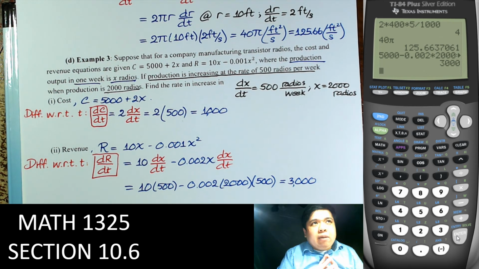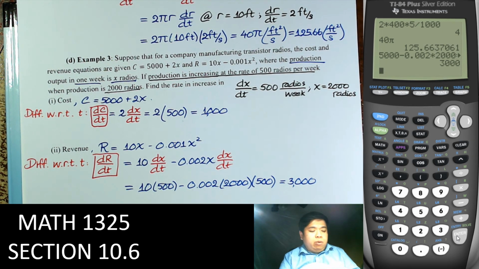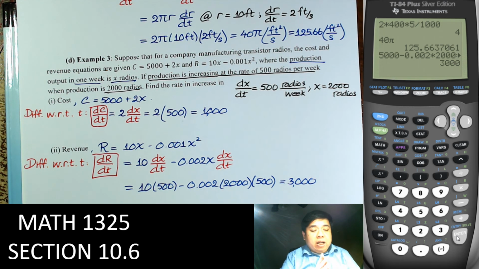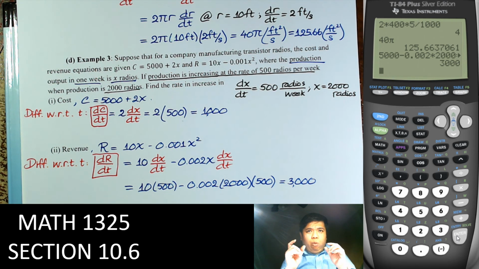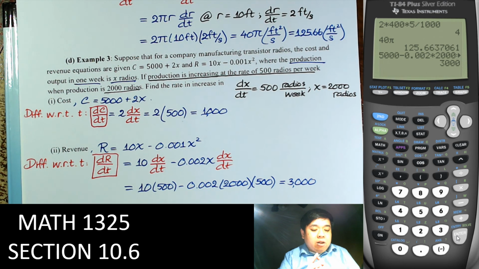Of course, think about this, the cost and the revenue. Of course, if we want to produce more, that's going to cost more money. And of course, when we produce, assume that all of the radios that we produce are being sold. So in that case, of course, the revenue should increase as well.